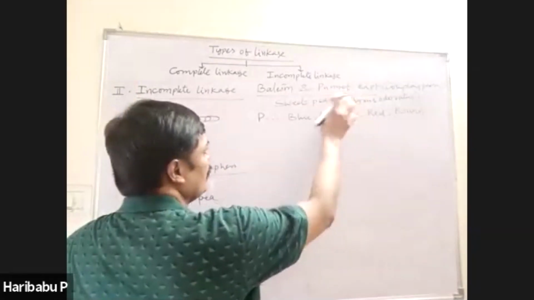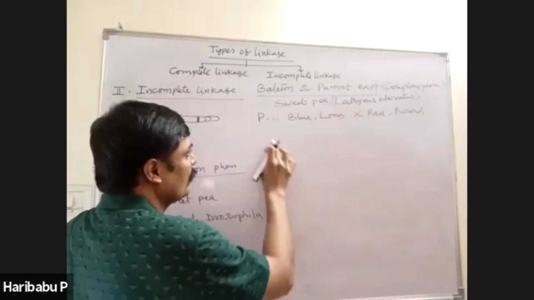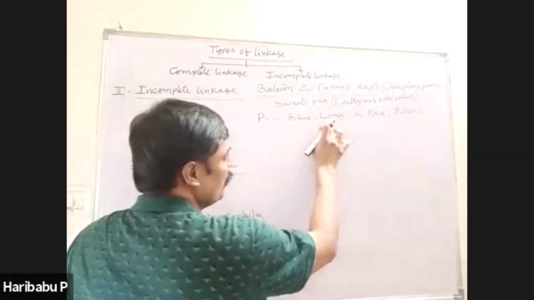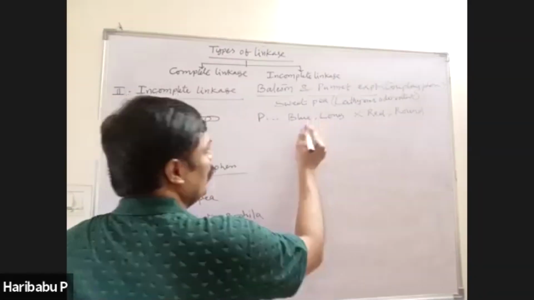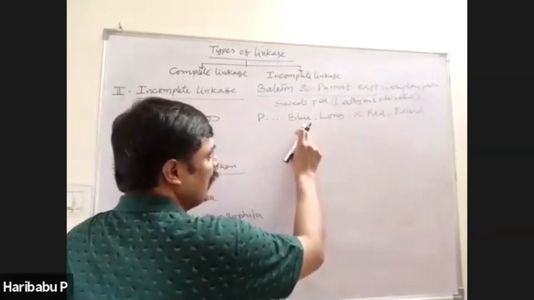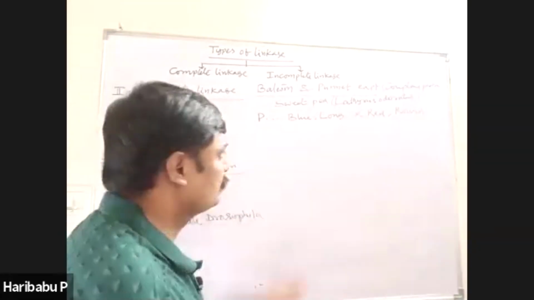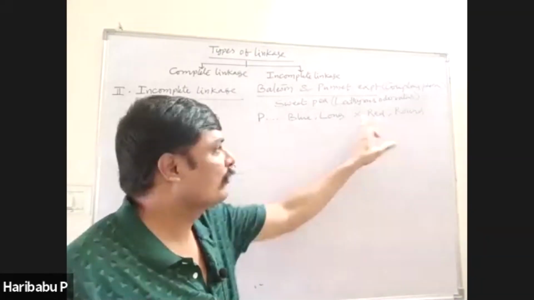Bateson and Punnett conducted experiments on sweet pea, that is Lathyrus odoratus. Here the parents are blue long and red round. What is blue and red? Color of the flowers. Blue colored flowers, red colored flowers in sweet pea.